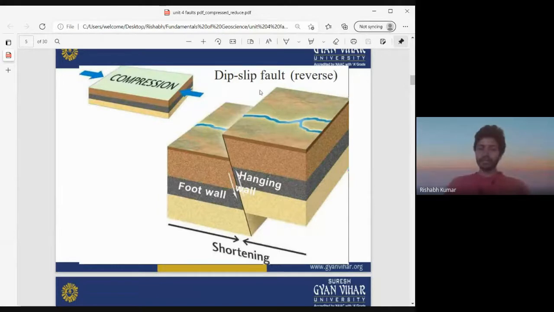Dip-slip faults, strike-slip faults, etc., these are other classifications that you will learn. So देखो हुआ क्या, basically the forces of compression are acting on this rock bed, but this rock bed is not at such great depth, so it is behaving as a brittle material, right?